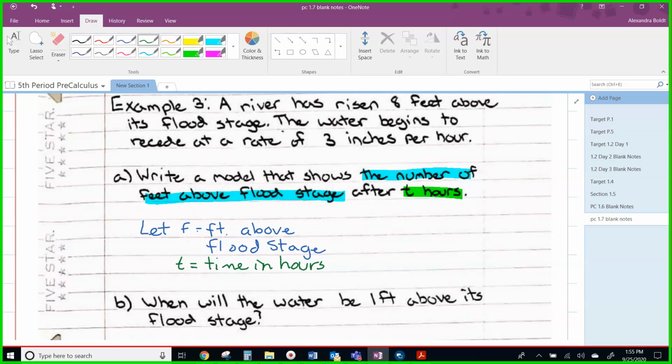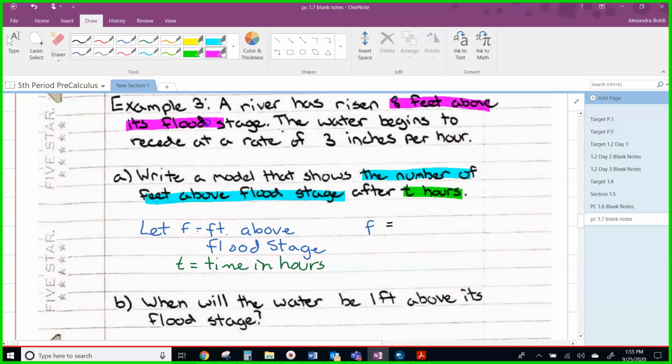Okay, well, what's happening here, right? I have my river is flooded, and then the water is leaving at a constant rate. So my feet above flood stage, my F, is going to equal, well, it starts at 8, right?